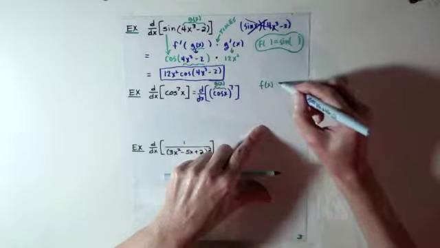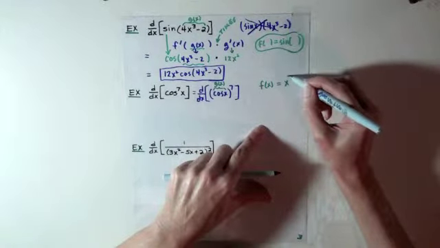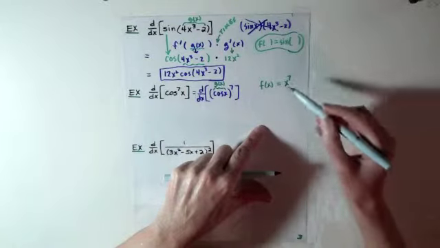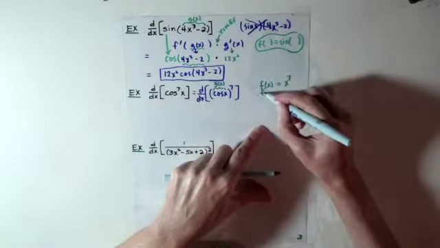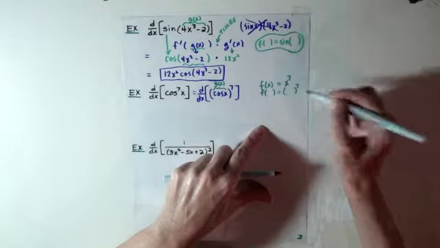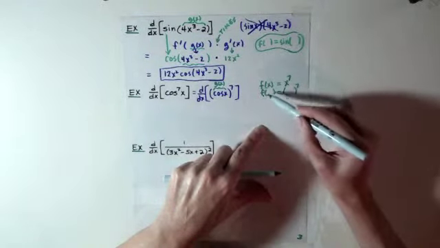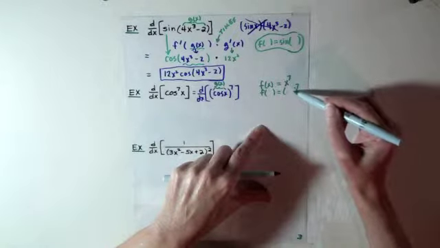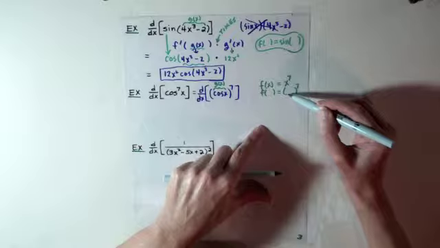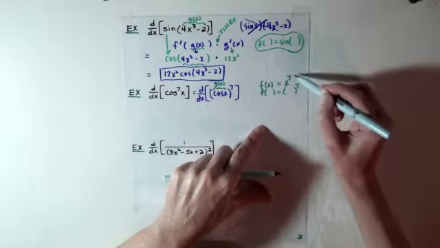And the only function that will work is x to the 7th power. Then f of g of x would be, well, let me write it with empty parentheses, f of whatever I plug in is whatever I plug in to the 7th. So f of g of x would be g of x to the 7th power, and g of x is just cosine x, so I would get cosine x to the 7th.